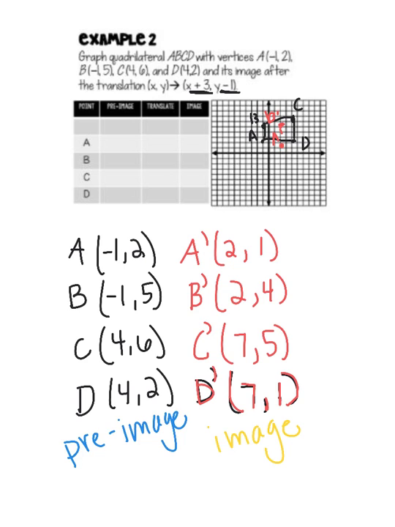Oh, sorry, C prime is at 7, 5. And lastly, D prime is at 7, 1. Okay, and we connect them together. And there's your transformation.